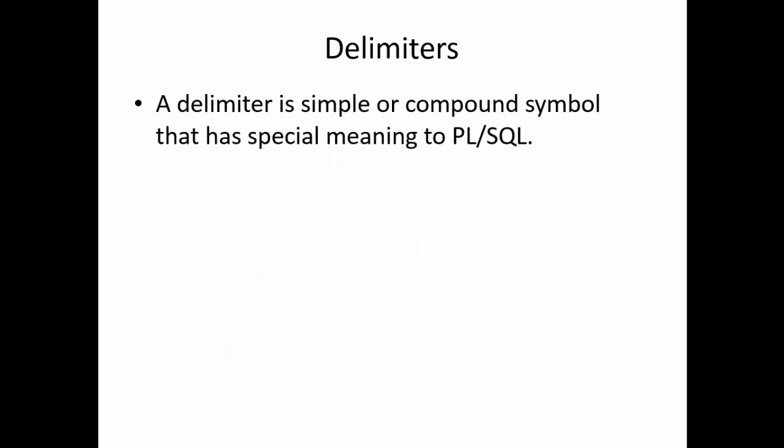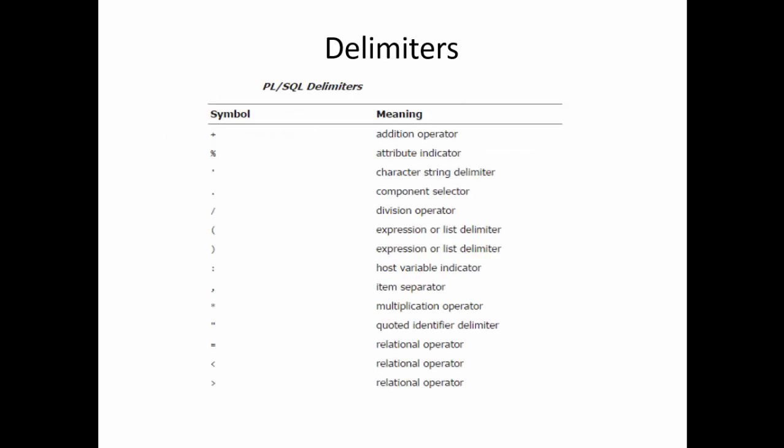A delimiter is a simple or compound symbol that has special meaning to PLSQL. Delimiter normally means a separator of two things. So let us see those symbols and find out the meaning. We have the plus symbol, the addition operator. To add two things, we use plus.